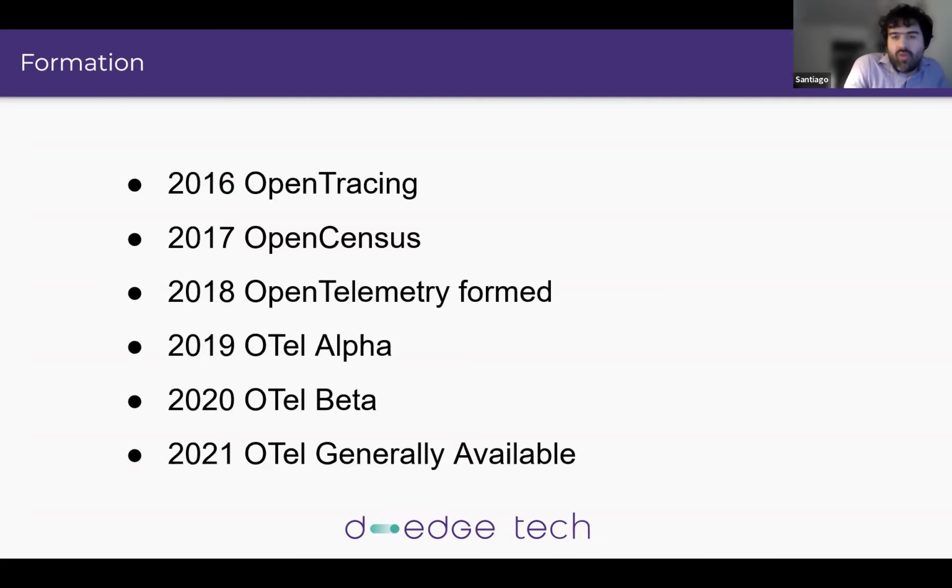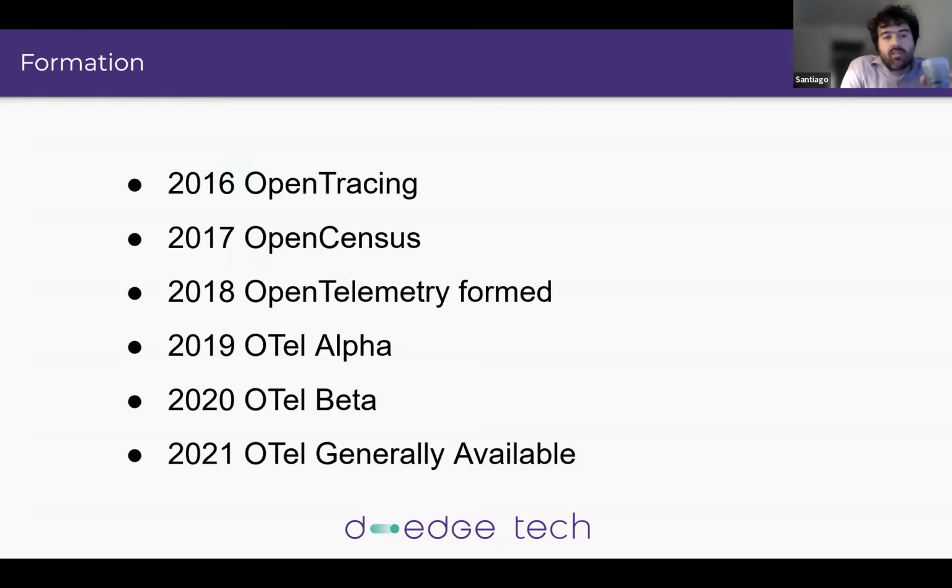They had already realized what was missing in looking at things and debugging things system-wide. They had a lot of things in common, and their specifications were very similar. So they decided to merge, and in 2018, they formed OpenTelemetry.